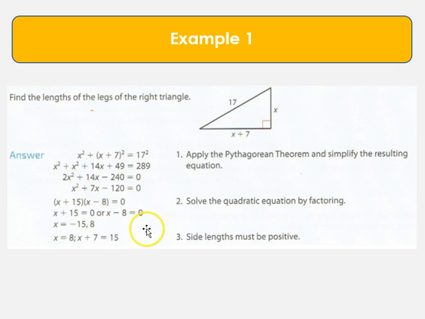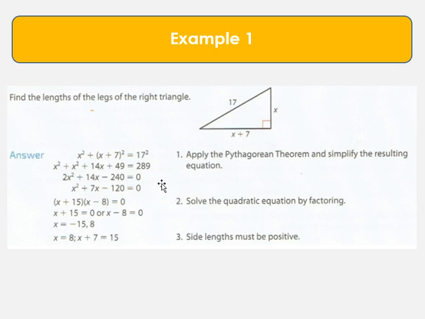And as I showed you in the last video, we will only be using positive answers for the figures that we work with. So if x equals 8, x plus 7 equals 15. So these are going to take you a little longer than some of the other problems because you're going to have to review your factoring and your FOIL.